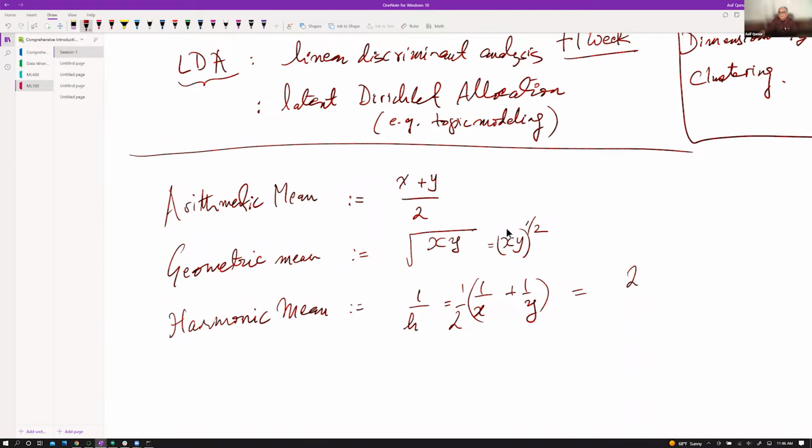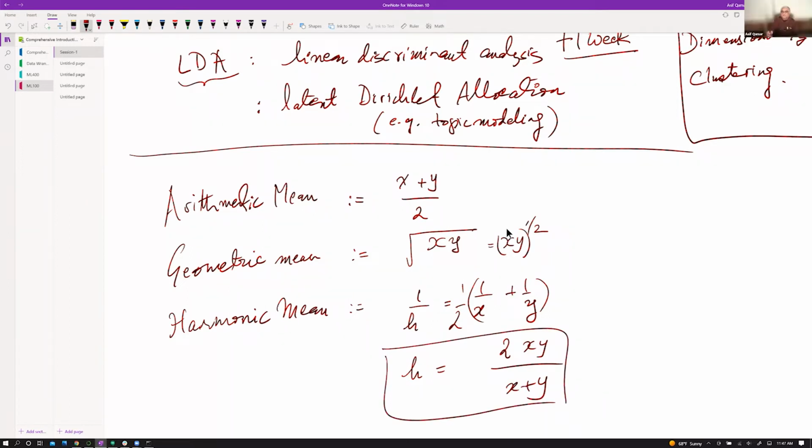If you solve this equation, h is equal to 2xy over x plus y. But I tend not to remember it this way. I tend to remember it as half of the sum of the reciprocals, the average of the reciprocals. This is the harmonic mean.